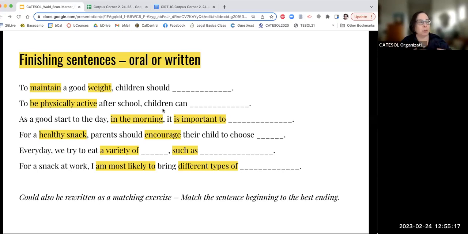You could have one person say the first half of the sentence and make the partner try to finish it. You could write the end of the sentence if you think it's too hard and have the students match the beginning parts of the sentence to the end parts of the sentence. Whatever, right? Just again, how many times can you have them pass at these words, right?